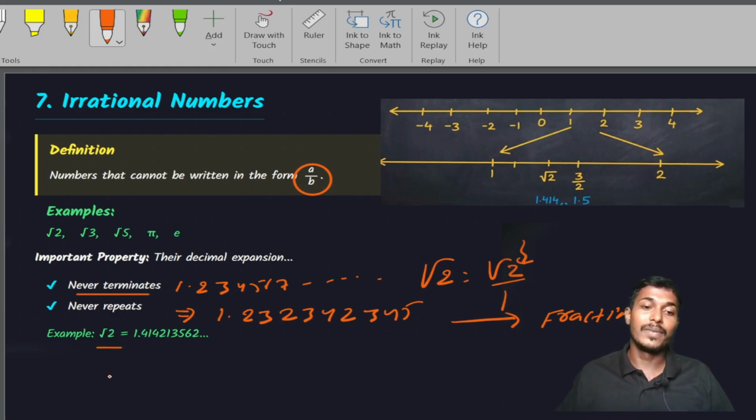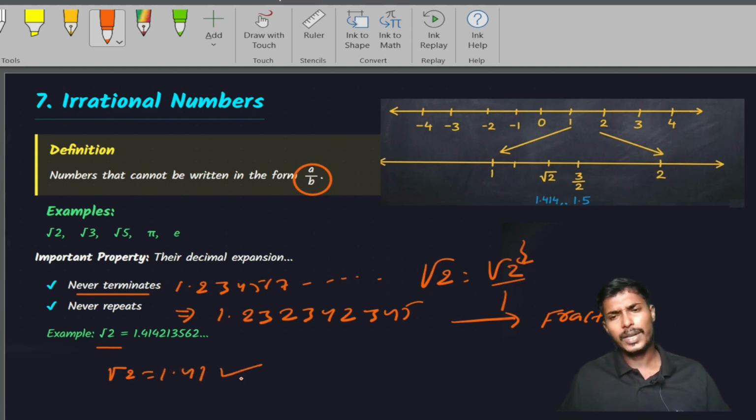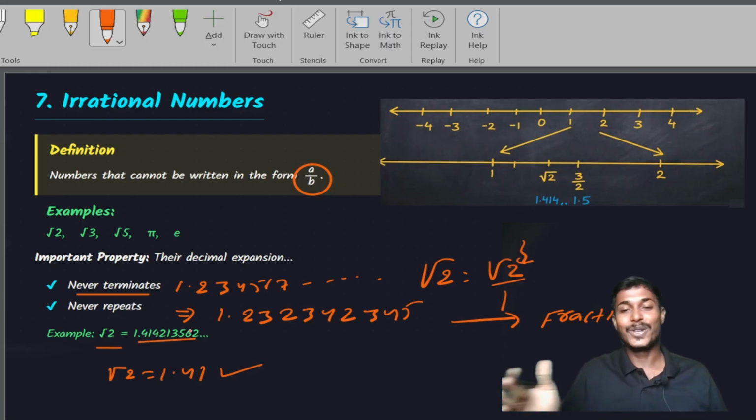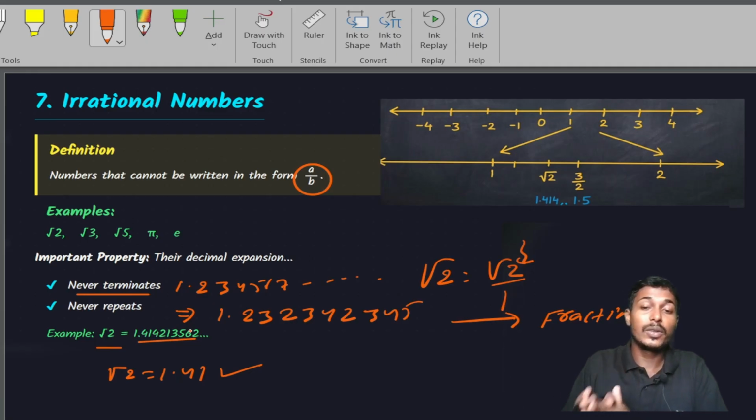Most of you might remember that root 2 is nothing but 1.41 and think it's terminating. No. Root 2 is 1.41421356 and it will go on. So it will never terminate, and that's why root 2 is an irrational number. Similarly, root 3, root 5, pi. Most of you might be thinking, sir, the value of pi is 3.14.